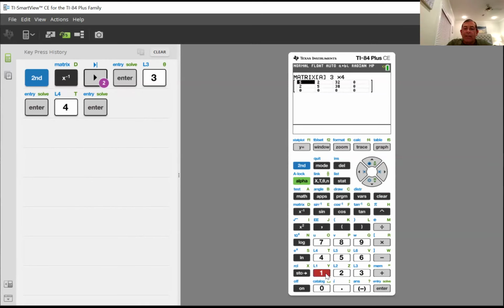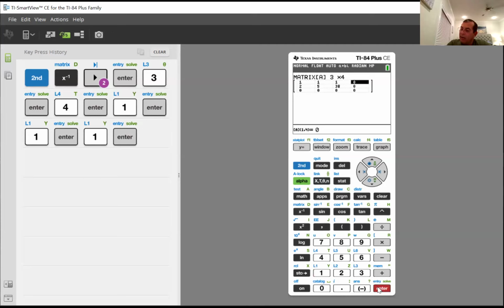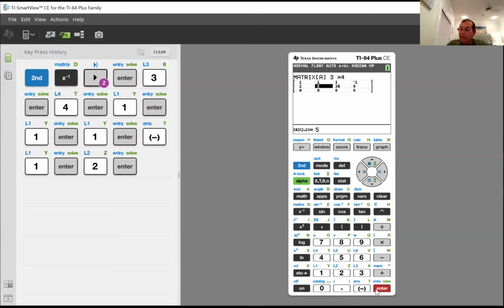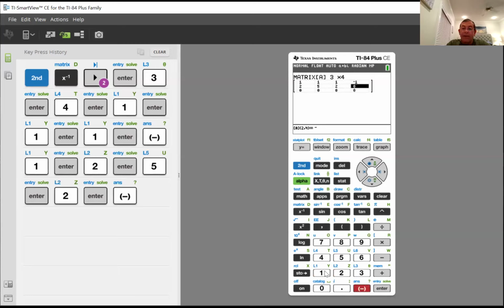So I had 1x, it should be 1, enter, 1y, enter, 1z, enter, and that equaled -1. And enter. All right, the next row I had a 2, enter, 5, 2, and a -11.